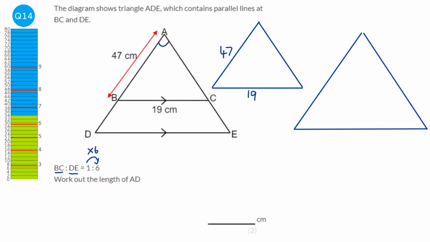So we know the scale factor is 6, and it's asking us to find length AD. And so the corresponding length to AD is this one here. So all we need to do is get that 47, times it by the scale factor, so times it by 6 to get to our value. So it's 282.